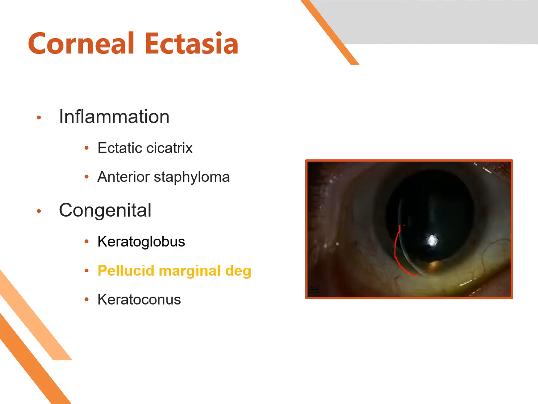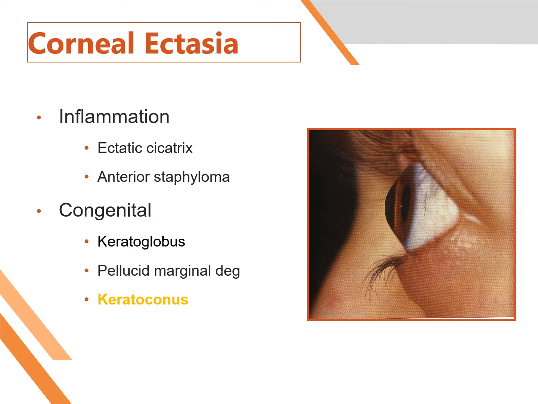Look, the cornea is bulging inferiorly, with an inferior belly, and we call it pellucid marginal degeneration. The most common one is keratoconus, in which the cornea protrudes like a cone. From now onward, we'll be only talking about keratoconus, which is the most common type of ectasia.